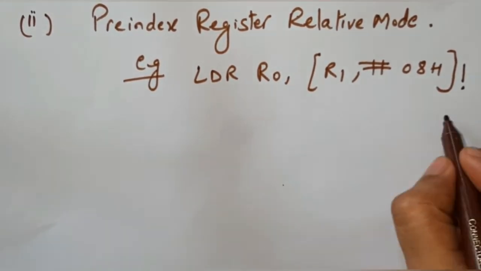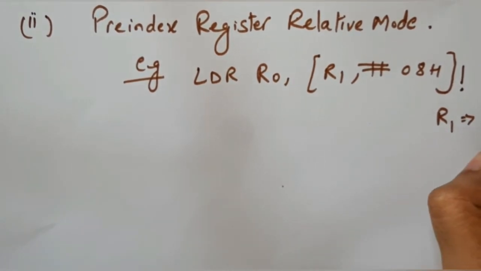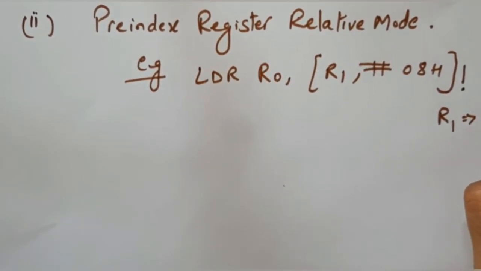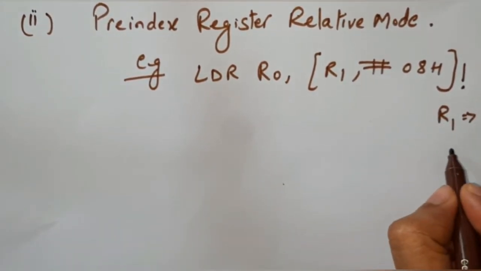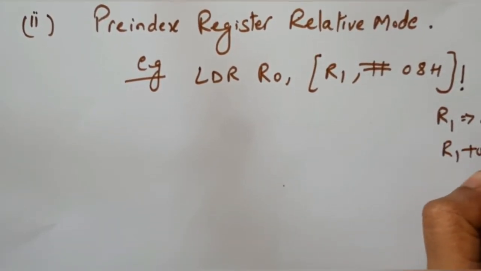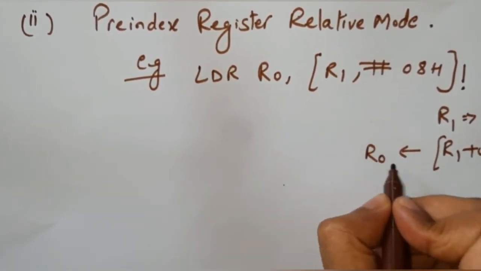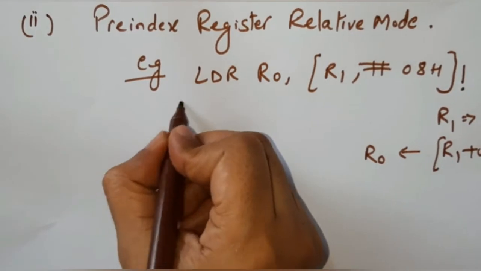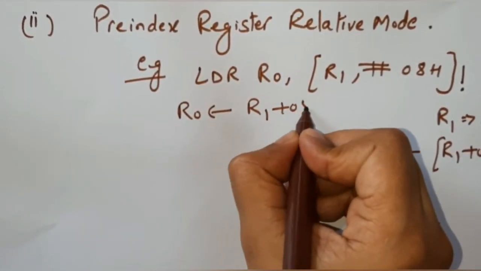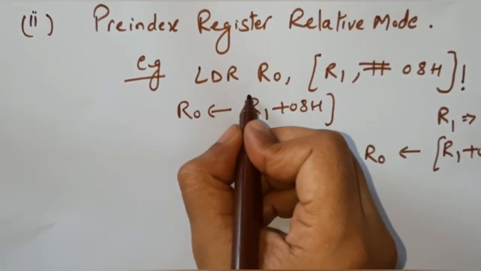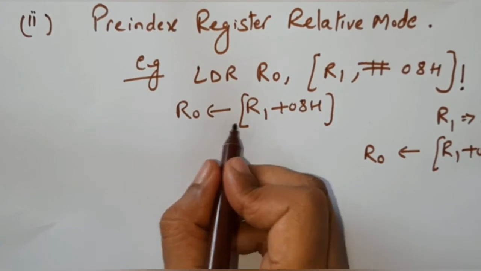As we have taken, we consider R1 is at location 3000. So the resultant location will be 3008, and its content will be loaded to the register R0. So here R1 plus 08, the content of this memory location will be moved to the register R0.